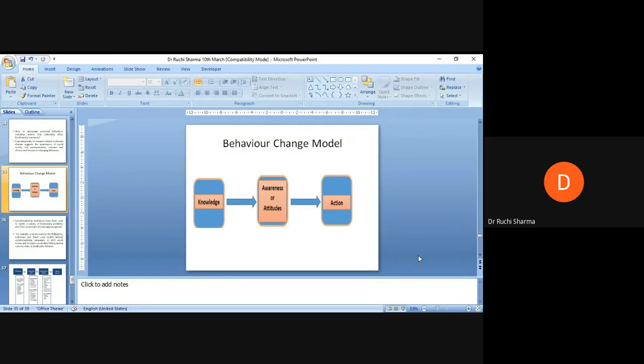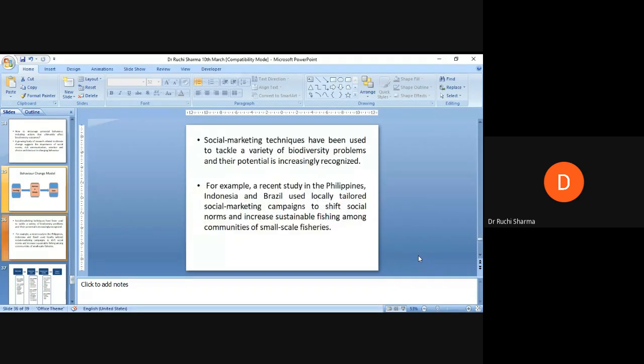As you can see on the slide on the screen, the behavior change model: knowledge and information are required, because of that we will be aware, our attitude will be reshaped through it, and as a result we will initiate the change, leading to behavior change in our society.